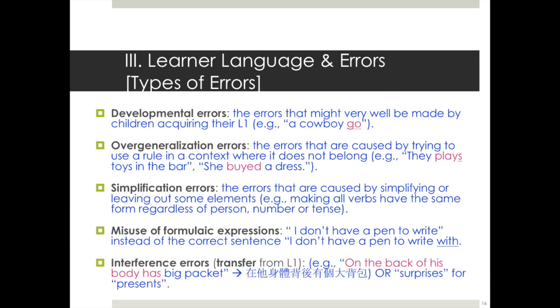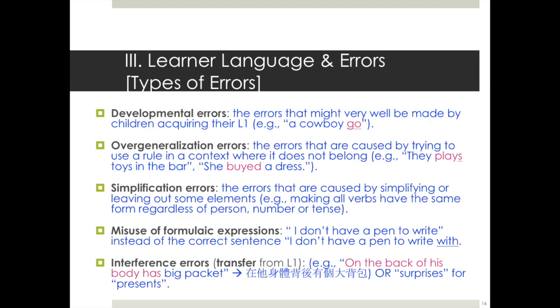A final type is called interference errors, and this is a small parenthesis that we open, looking back at the work done in the field of transfer from first language acquisition. So we have, for instance, Chinese learners of English who will say things like "on the back of his body has big packet," which is sometimes a direct example of transfer from the first language, Chinese, the formulation being the same or comparatively similar in Chinese.